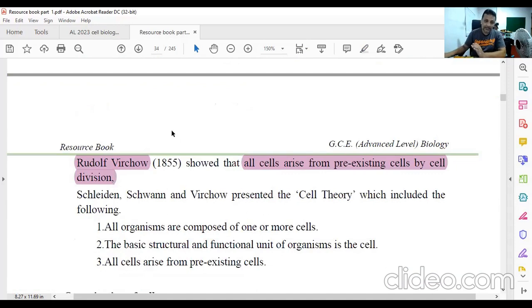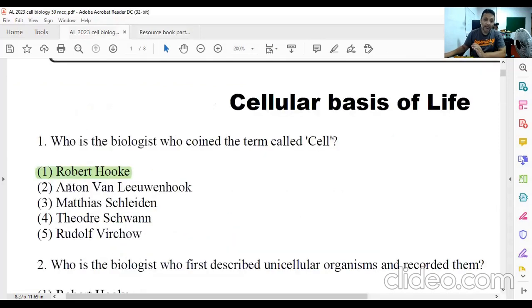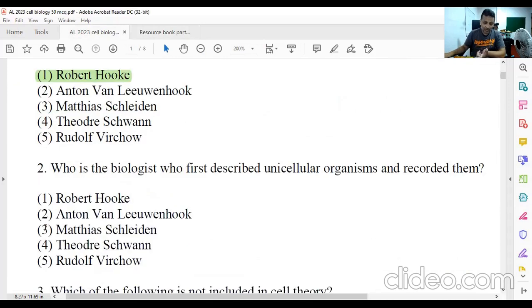So with this knowledge, you are able to answer the first question. The person who coined the term cell is Robert Hooke. As well, the second question: the biologist who first described unicellular, single-celled organisms and recorded them is Anton van Leeuwenhoek.